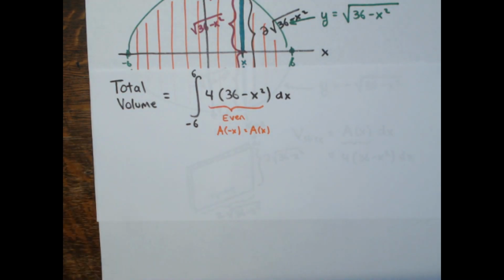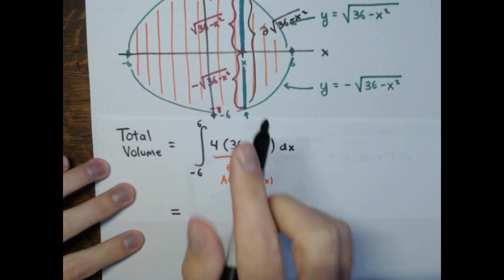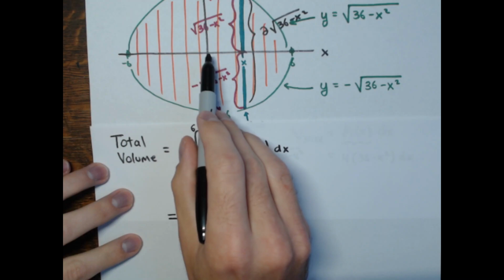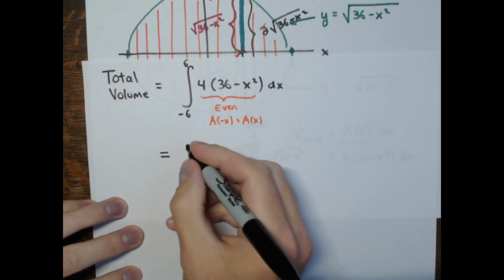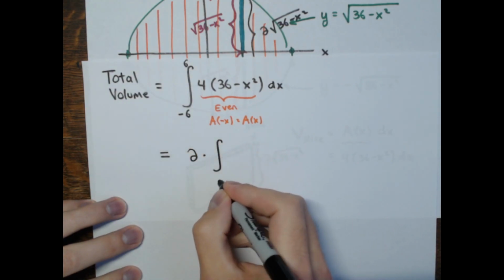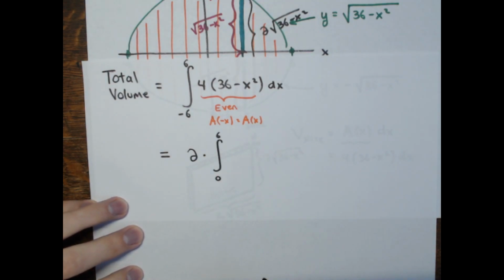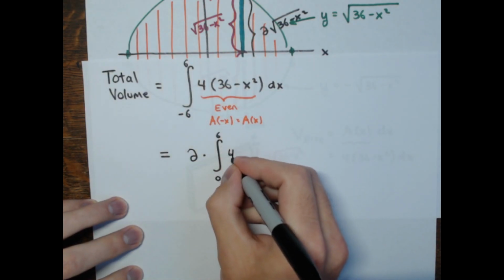So using symmetry once more, just like in the first example, instead of going -6 to +6, I can find the volume from 0 to 6 and then just double that. So I'm going 2 times the integral from 0 to 6 of our slice volumes.